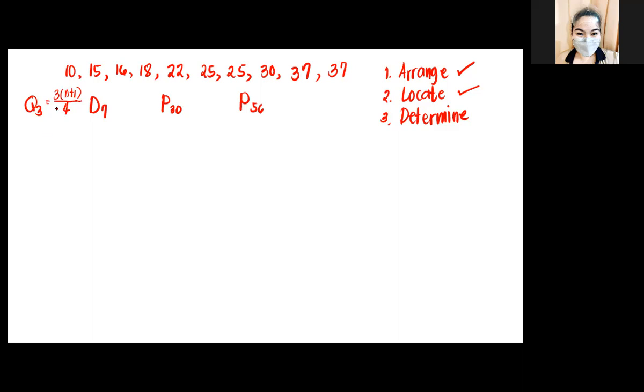So what is our n here? Our n here is 1, 2, 3, 4, 5, 6, 7, 8, 9, 10. So our n is 10.